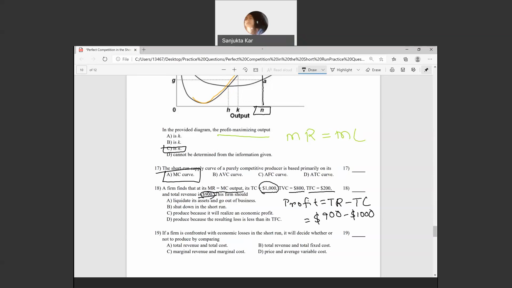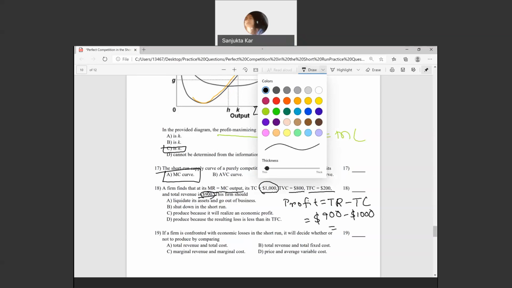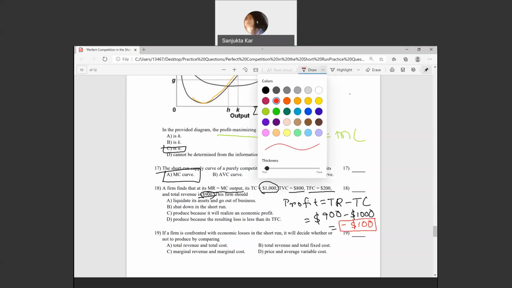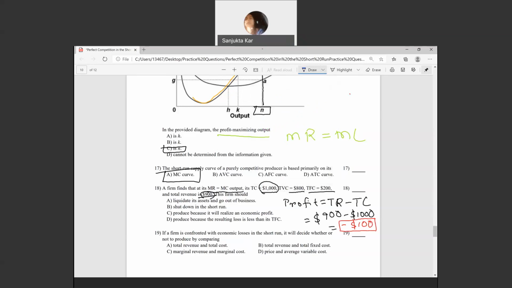So we have a loss which is equal to negative 100. Now this becomes interesting because the question is, is the farm going to produce or not produce? If the farm produces, the farm will incur a loss which is equal to negative 100.